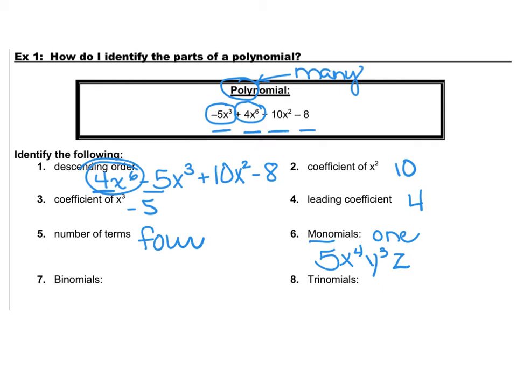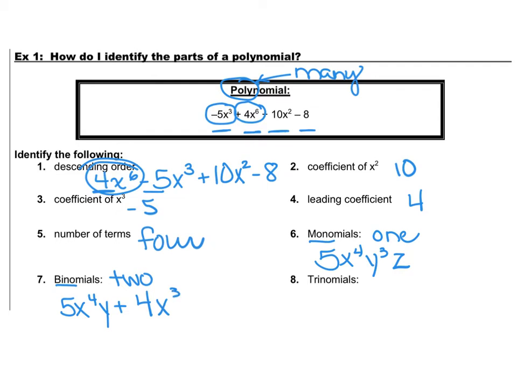A binomial means that we have 2, so it's going to have 2 terms. It could be something like 5x to the fourth, y plus 4x to the third, just something like that.